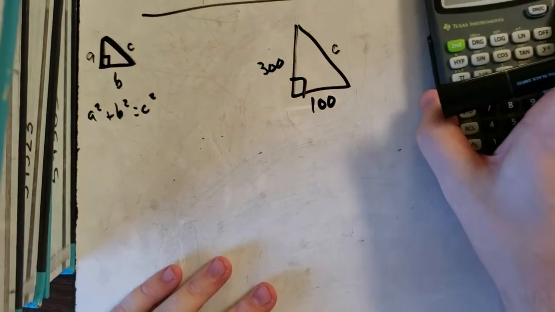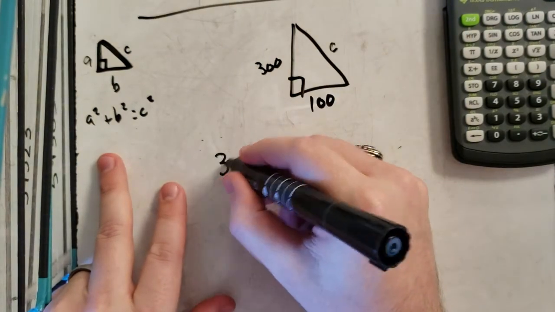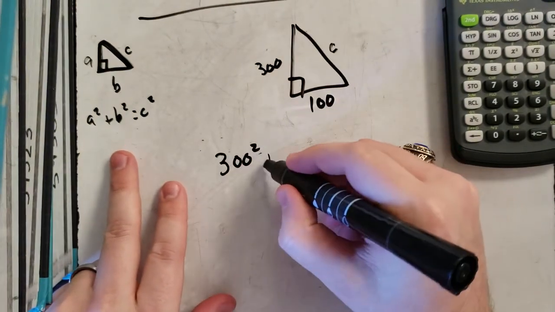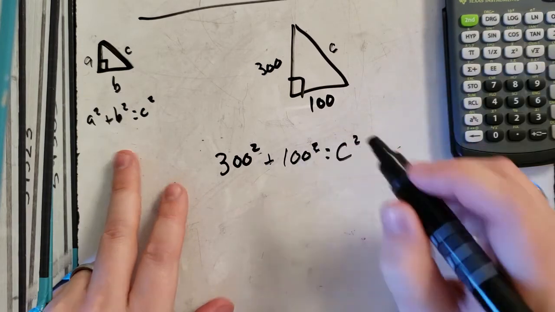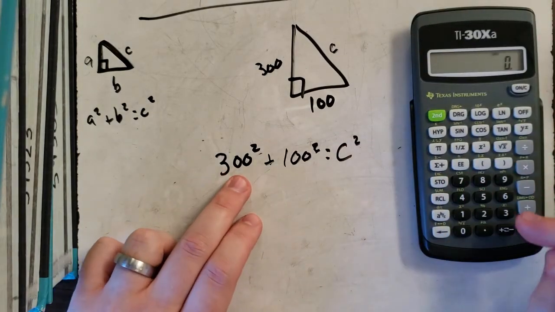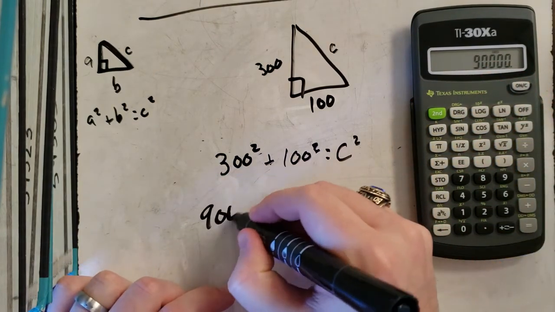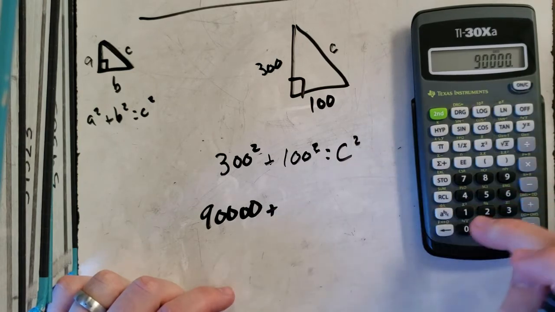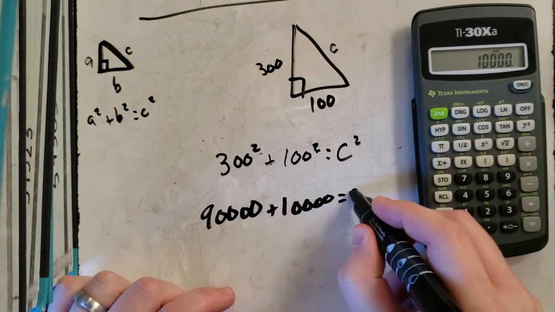Okay. So set it up. A, 300 squared, plus B, which is 100 squared, equals C squared. Let's do the math. 300 squared is 90,000, plus 100 squared, 10,000, equals C squared.